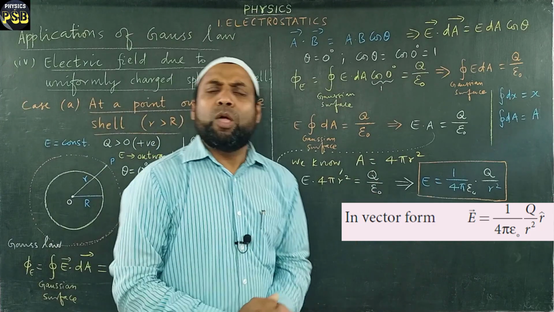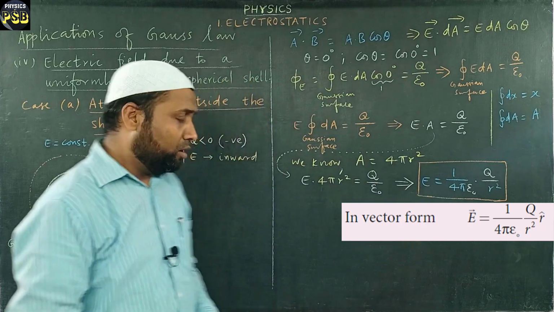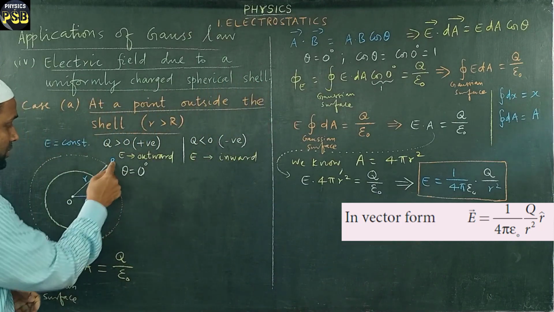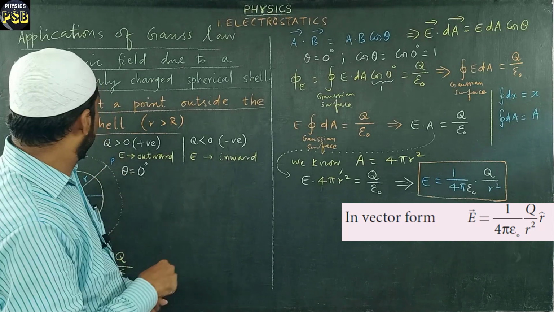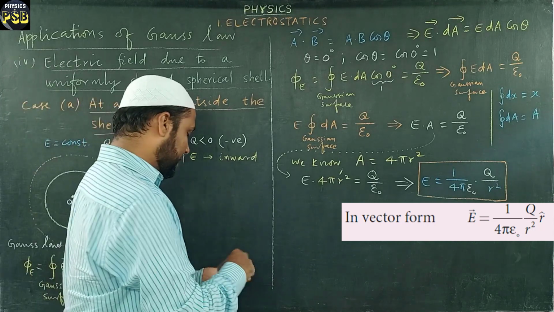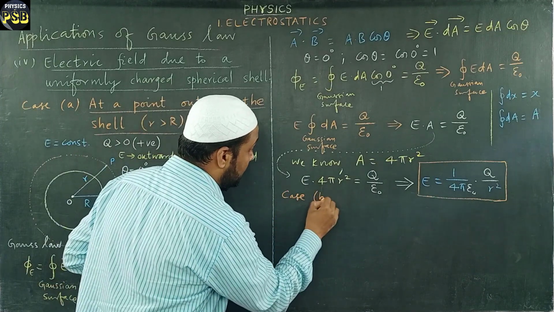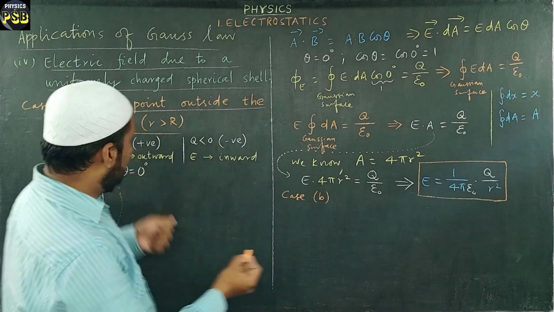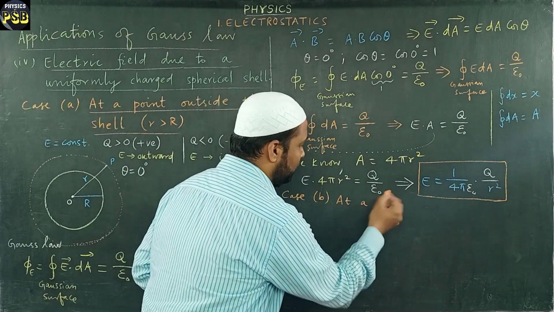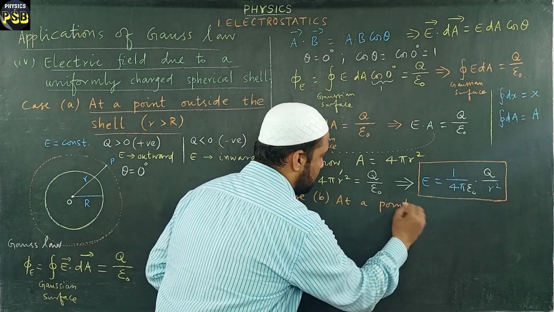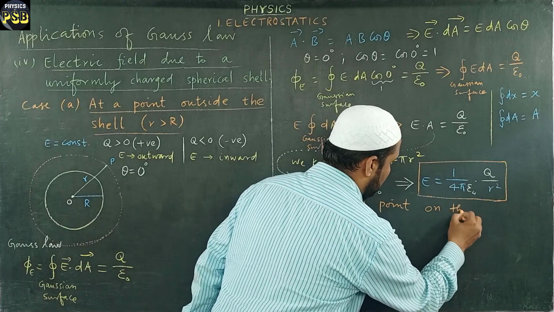Okay. What will be the value of E when the point P is present on the shell? I'll say, take case 2, case B: electric field at a point on the shell.